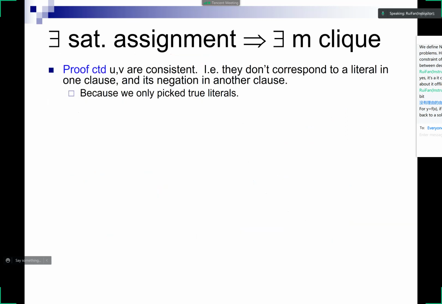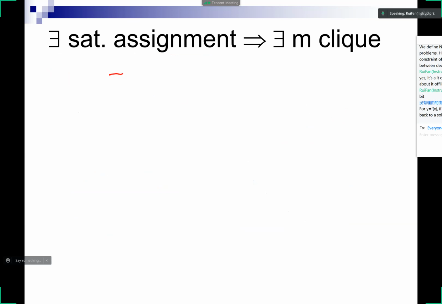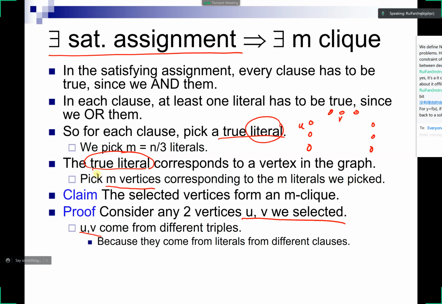And second, we have that U and V are consistent. In other words, they are not negations of each other. The reason is that when we picked out these literals, you only picked true literals. So for example, if you have this literal U over here, and then you have not U over here, then it cannot be that both U and not U are true.